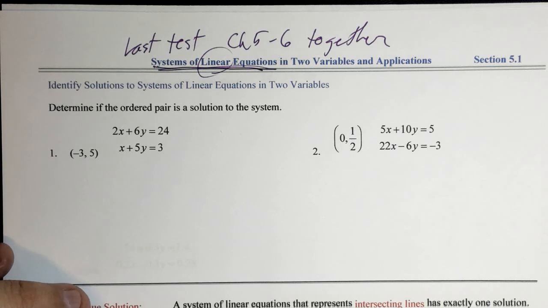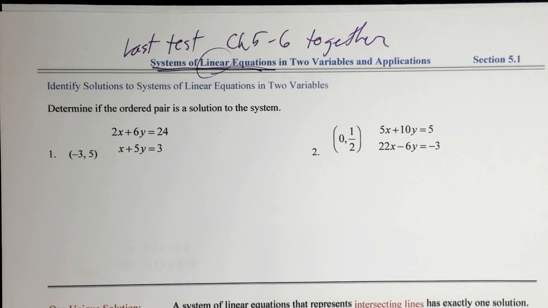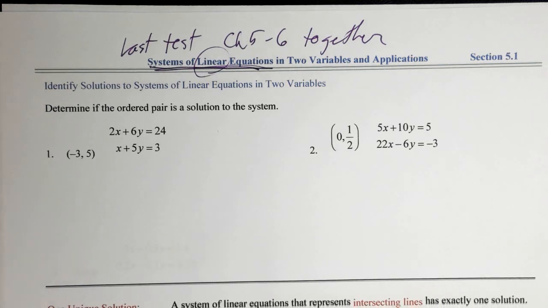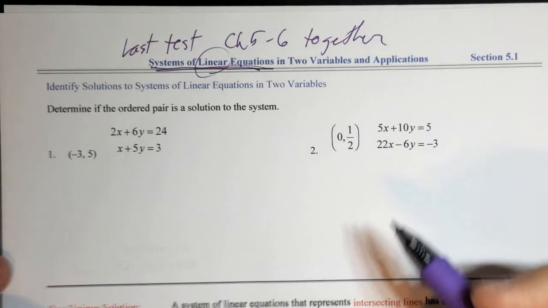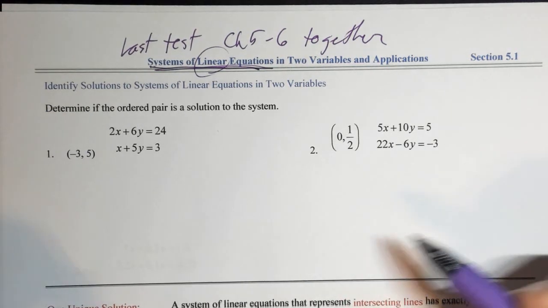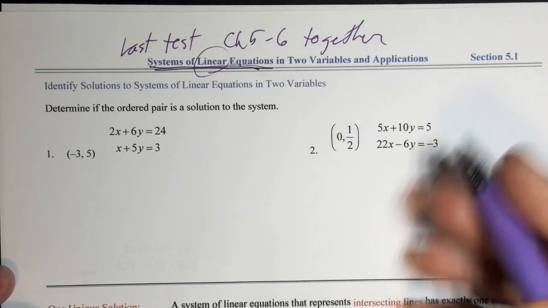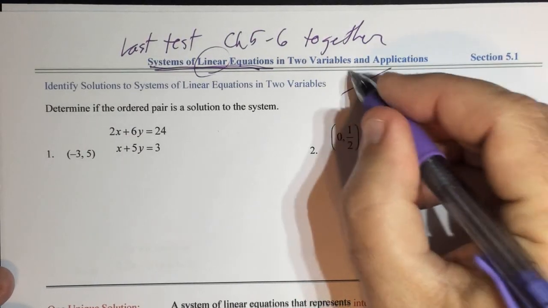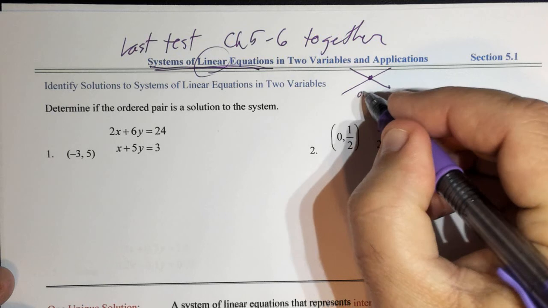For 5.1, you guys have done systems of equations. You did them in Algebra 1, we did them in Algebra 2. Heck, you may even touch them in geometry. Basically, when we talk about systems of equations, we're talking about taking 2 lines and seeing where they cross. Remember, if they cross something like this, you're going to have one solution.